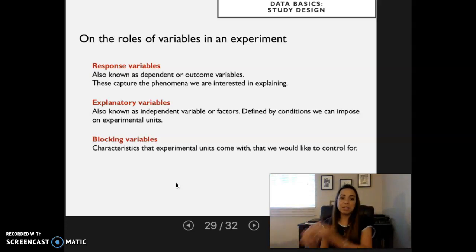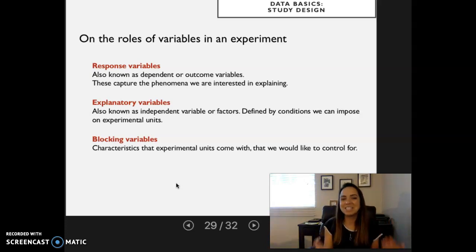The thing that explains that response is the explanatory variable, also known as independent variable or factors. Don't blame me for all of these terminologies, but those are synonyms, and they're defined by conditions we can impose on our experimental units. So the gel is an explanatory variable because I can manipulate it. I'll give gel to some of them and not to others.